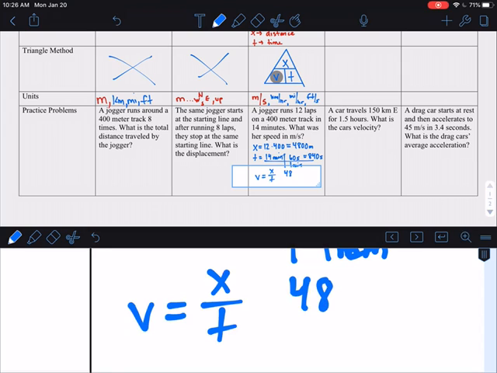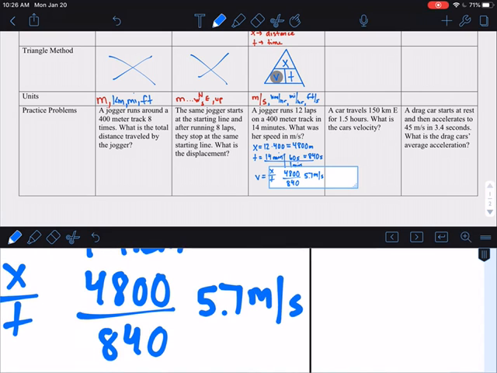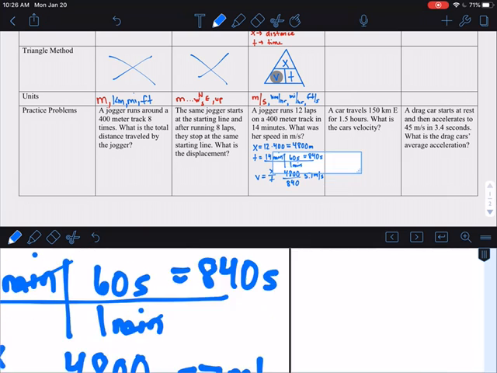Now I'm just going to substitute and solve. 4,800 divided by 840 is equal to 5.7 meters per second. And we're done with speed.